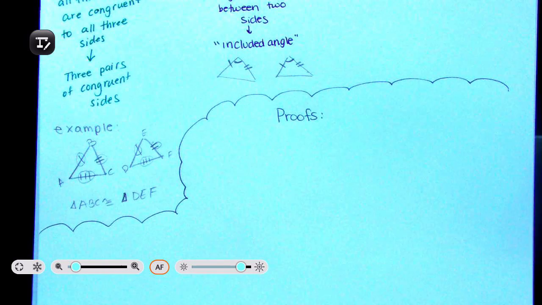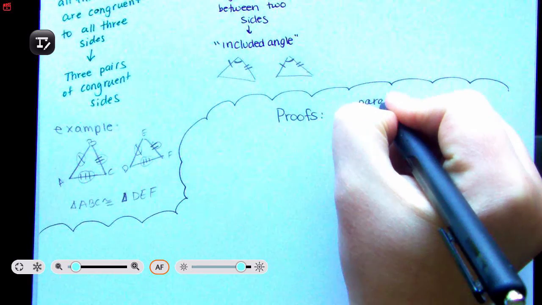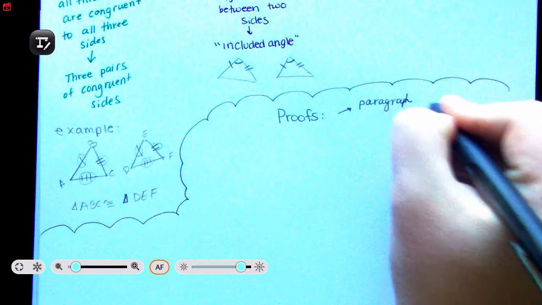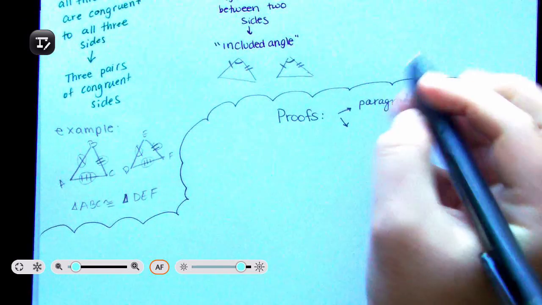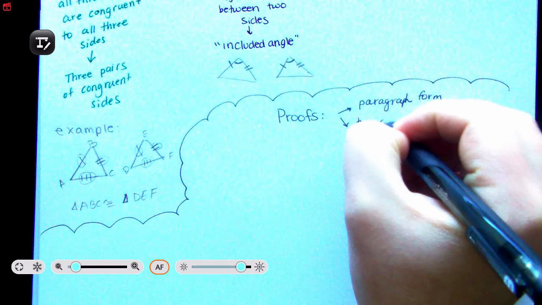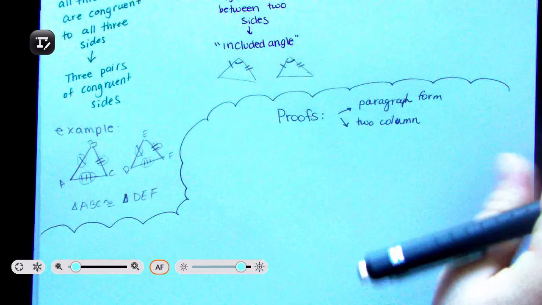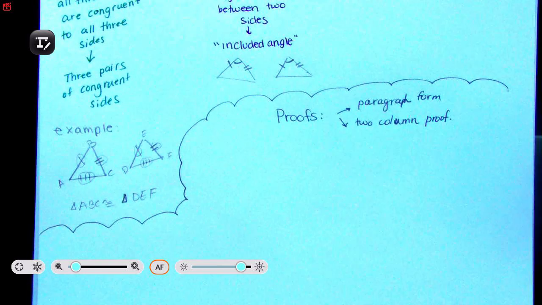Specifically with triangle congruence, you can either prove it in paragraph form, or you can prove it in a two-column proof. See if I can spell today. We call this a two-column proof.